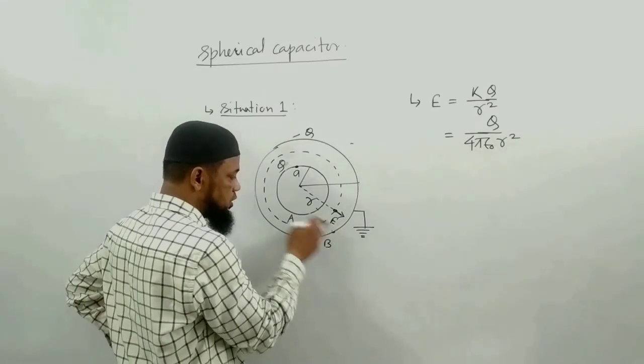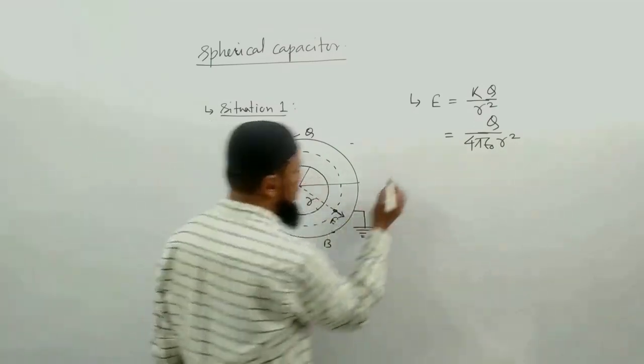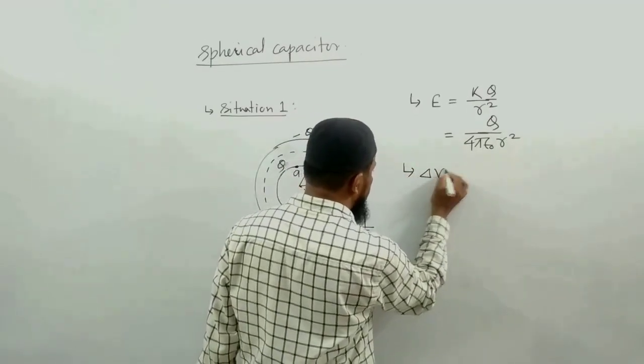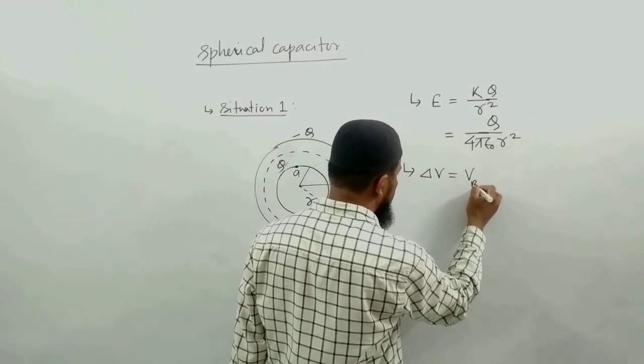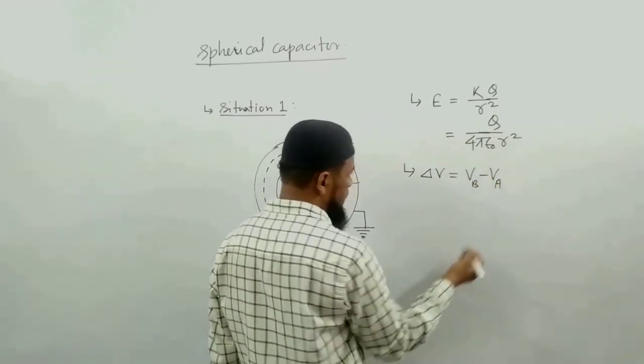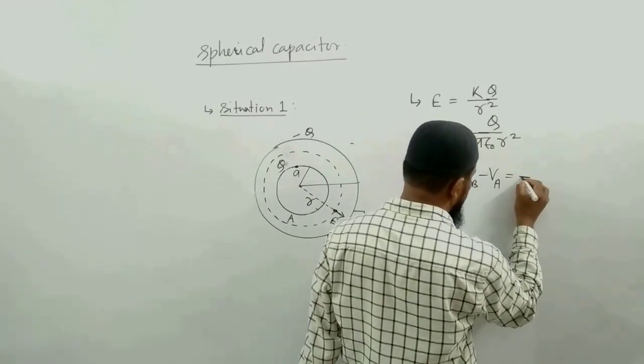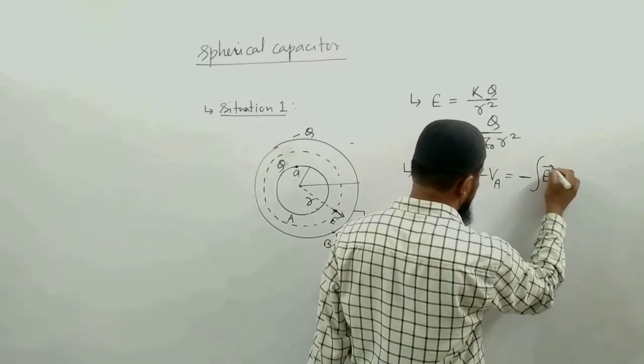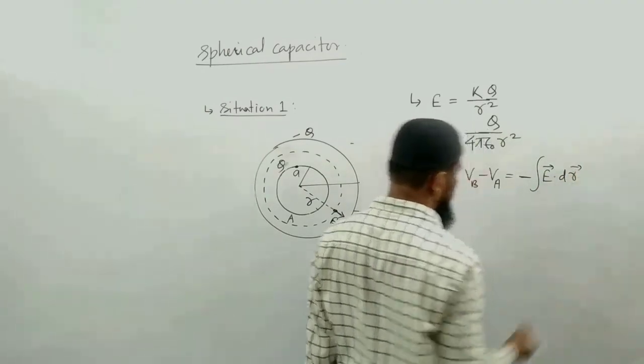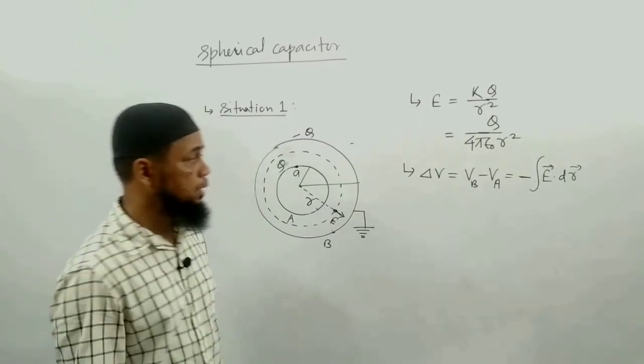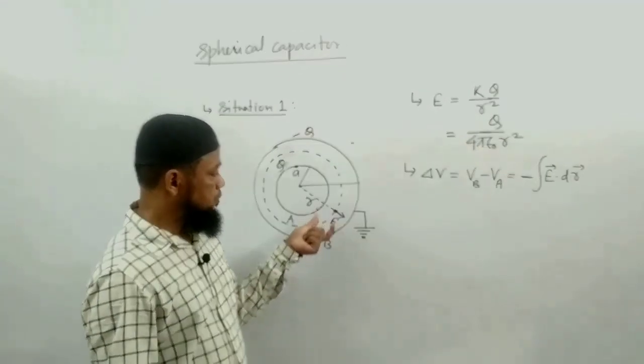Now let us find out the potential difference between the two surfaces A and B. How will we find the potential difference? Delta V means VB minus VA, which is equal to minus integration of E bar dot dr bar. This we have already discussed in electric potential.